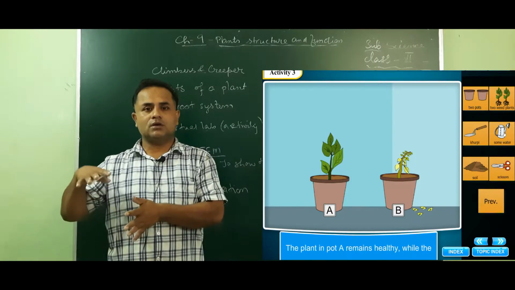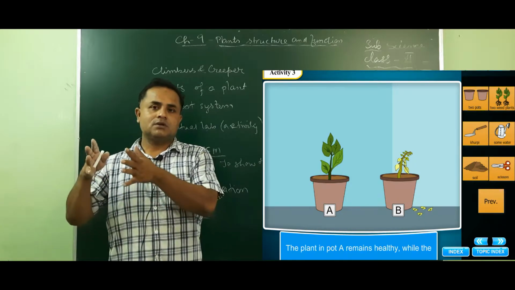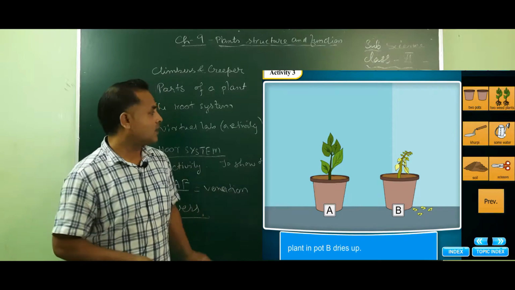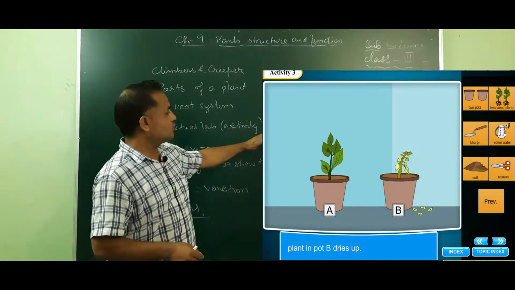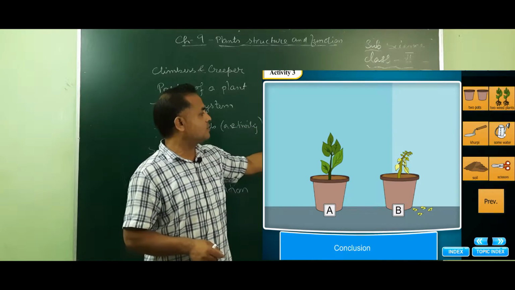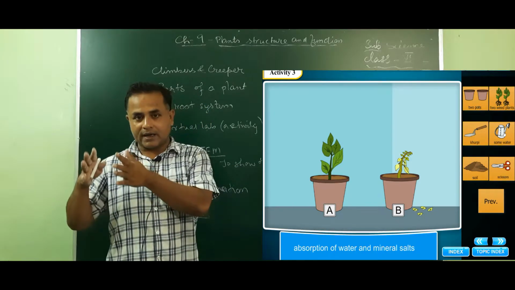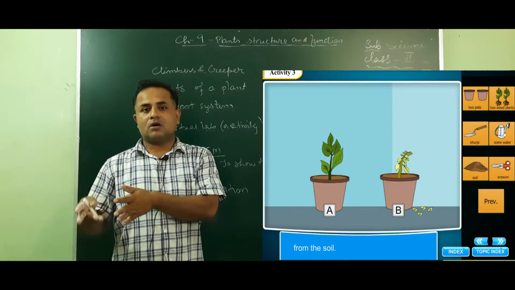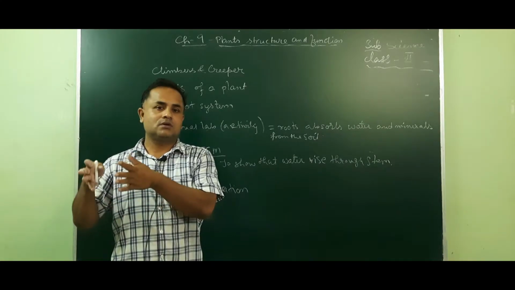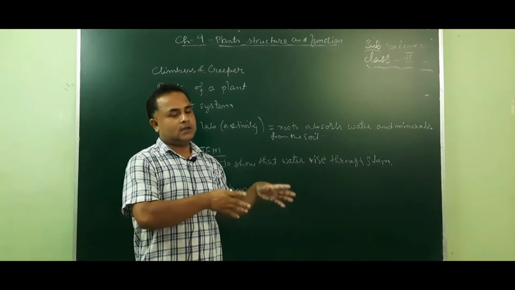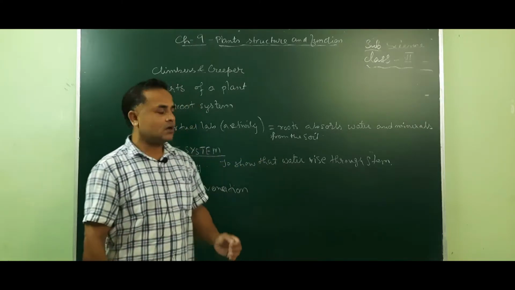The other one whose root is cut off becomes dry and dead. So this activity shows that roots absorb water from the soil. In bucket B the root is cut off, so it cannot absorb water. In A it has a root, so it can absorb the water.